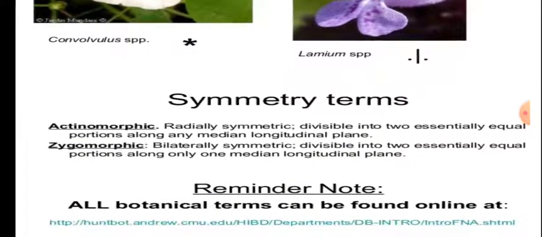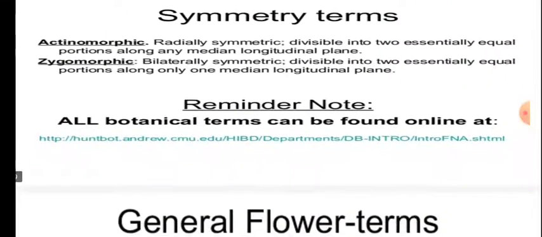Actinomorphic symmetry and zygomorphic symmetry. So actinomorphic means it is radially symmetrical, divisible into two essentially equal portions along any median longitudinal plane. When it is cut, it shows two equal halves.